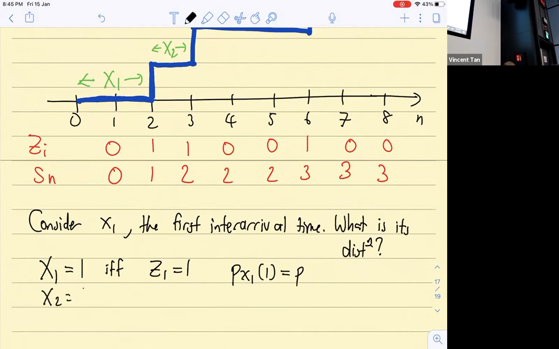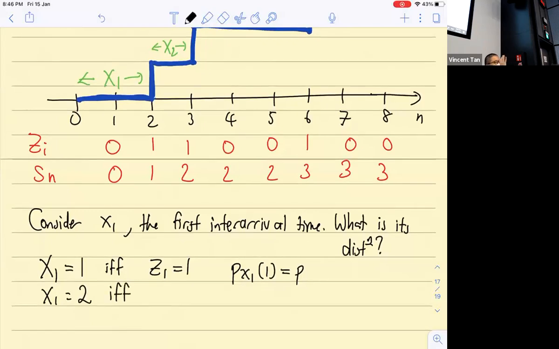Now let's consider X1 equals 2. What's the chance that we have to wait 2 discrete time slots before a customer walks in? What stars have to align for this to happen?